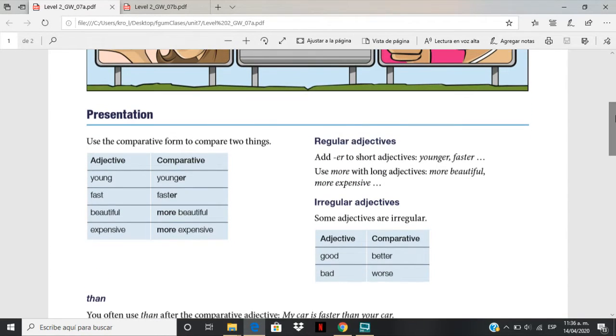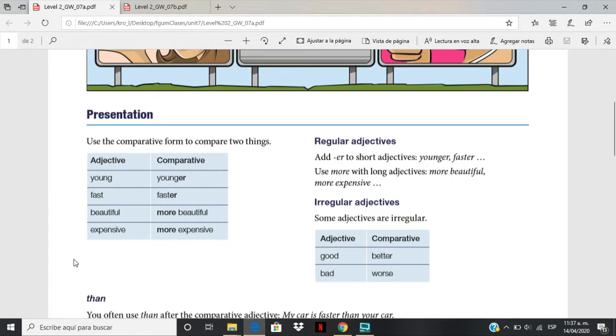Now, do you remember we have adjectives? They are used to compare two things. We are always talking about two things, two subjects, or two situations or two differences. For example, try to remember this. We have the adjectives in a positive way, just like young, fast, beautiful, expensive.